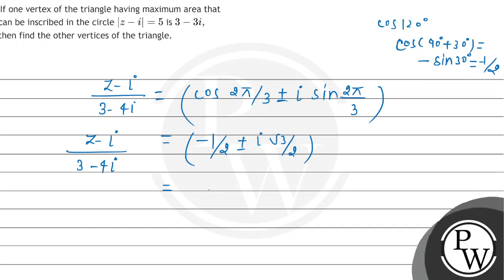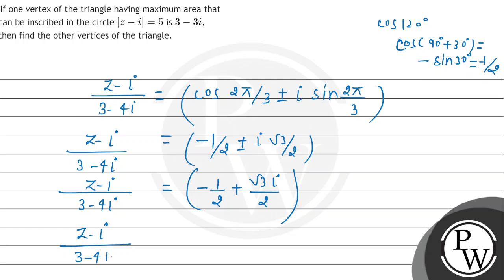After solving this, we have two cases. In the first case we'll take positive, and in the second case we'll take negative. Suppose we are taking the plus case first, (z - i)/(3 - 4i) = -1/2 + (√3/2)i, and this is equation number 1. We'll consider equation number 2 when we are taking the negative part: -1/2 - (√3/2)i.